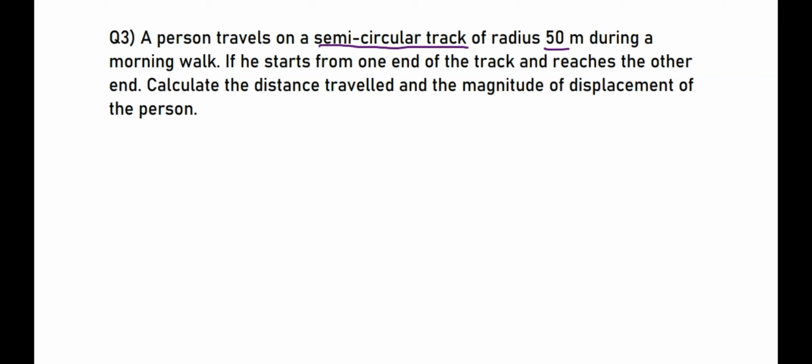Assume that the person is at point A. He has traveled in a semicircular track, finally reaches B. Now, in this case, the radius of this semicircular track is 50 meters.